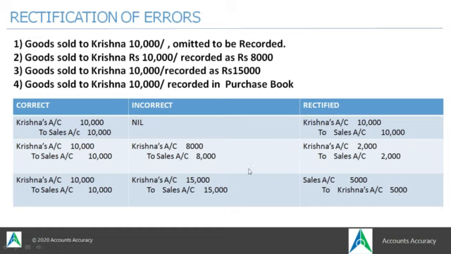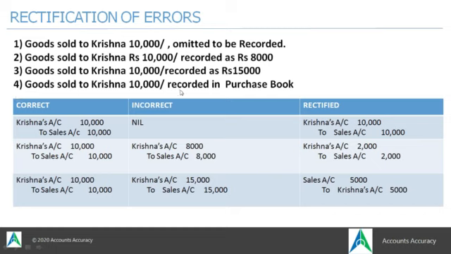Just by passing the reverse entry, you cancel those extra amounts, and your rectified entry will be sales to Krishna 5,000. I hope you have understood it.